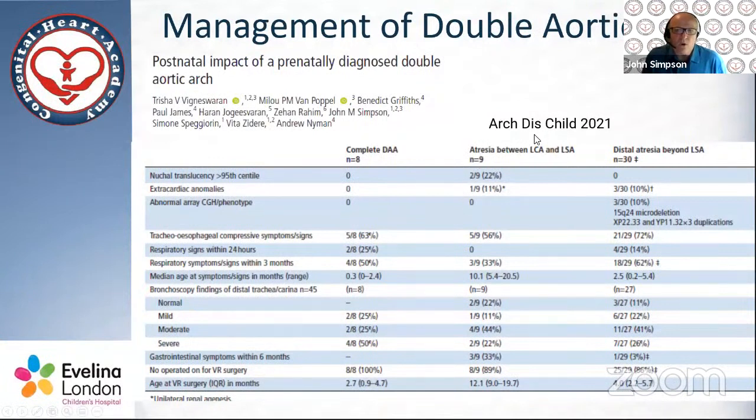Most of them acquire atresia following arterial duct closure, either between the left carotid and left subclavian or distal to the left subclavian after birth. And we know that from the prenatal MRIs.